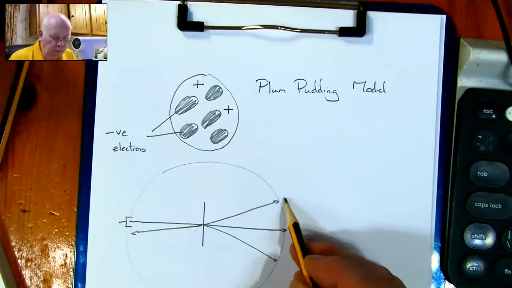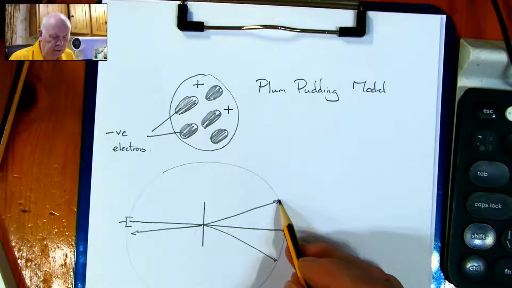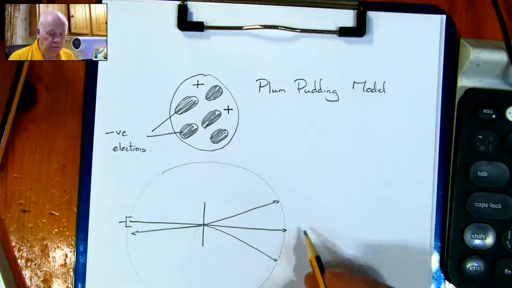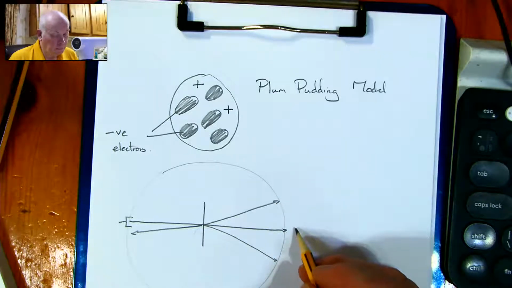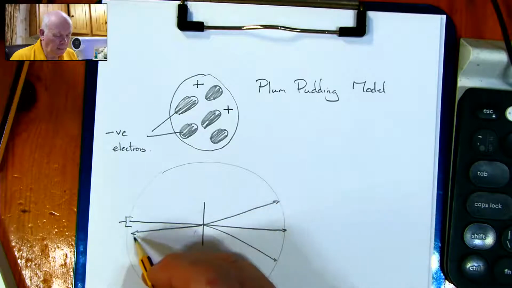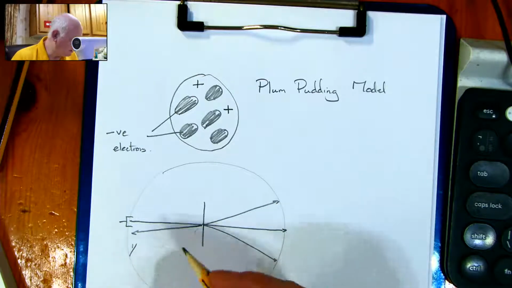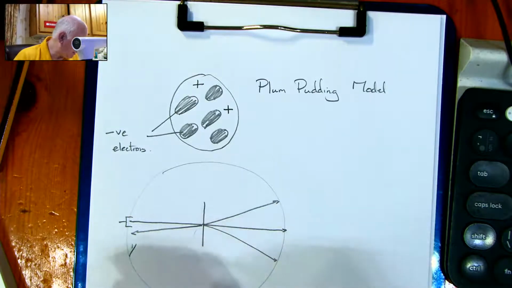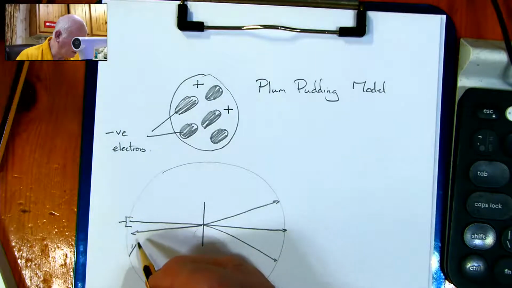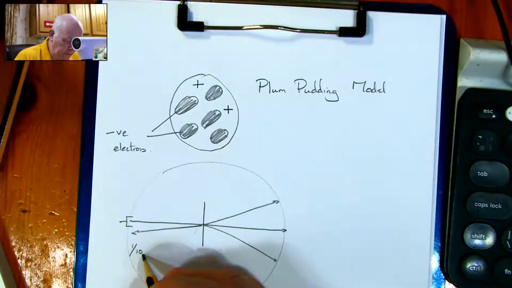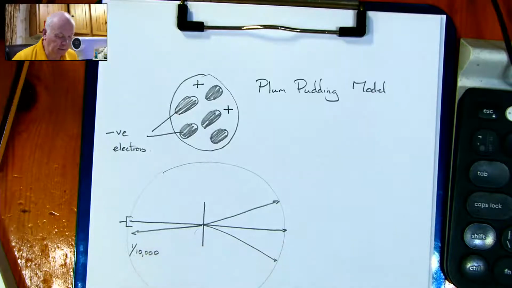But we've got these particles hitting a screen, and most went through, and about one in every, now I'm going to have to make a guess at this, something like about 10,000 didn't.